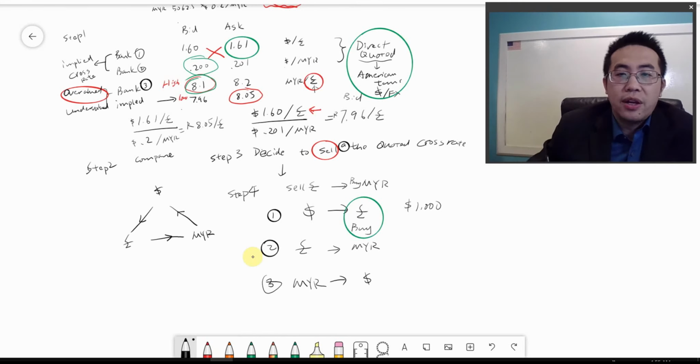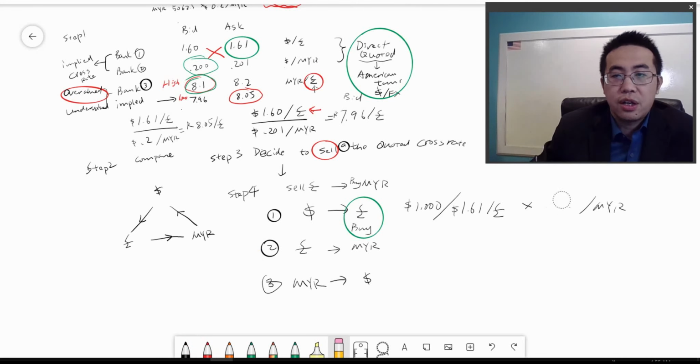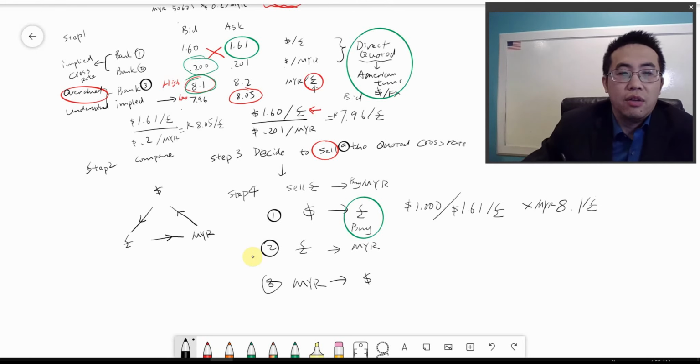So you start with $1,000, you buy, so you divide by the ask price, $1.61 per pound. You will need to convert the pounds to Malaysia ringgit. When you do the pound to ringgit conversion, you will multiply by the bid price, which is 8.1 ringgit per pound, and then you convert it to US dollars from the ringgit.